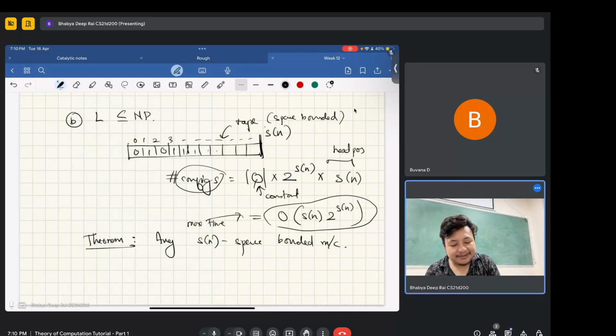Any S(n) space bounded machine runs for, okay, at most how much time? Order S(n) 2 to the S(n). And since 2 to the S(n) is the dominant term here, you can even say order 2 to the S(n), if you don't want to be too precise.